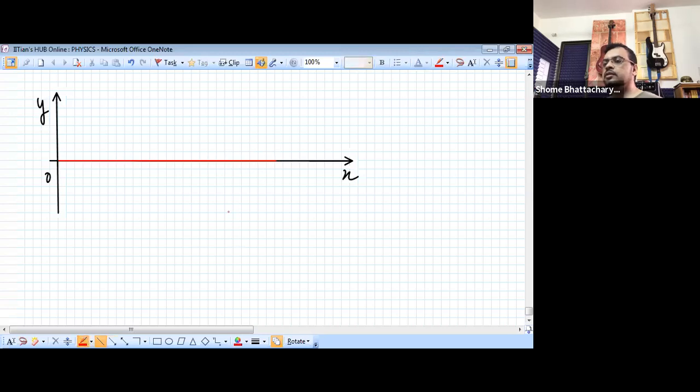This is how it was looking at t equal to 0. Whereas at 1/8 of the time period, it had become root 2 a naught cos kx. So that would have looked, let's say, something like this.